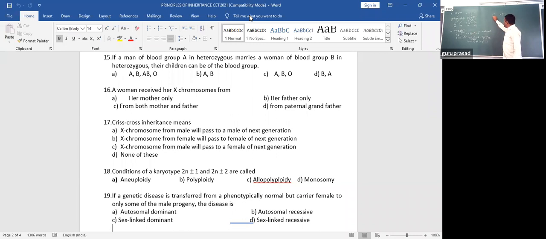When they form gametes, they form two types of gametes: IA one type, small i another type; IB one type, small i another type. Now IA IB, IA i, IB i, ii. So AB blood, A blood, B blood, O blood. So hope you got the answer.